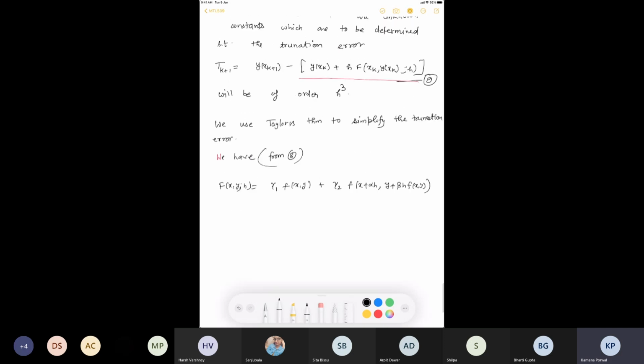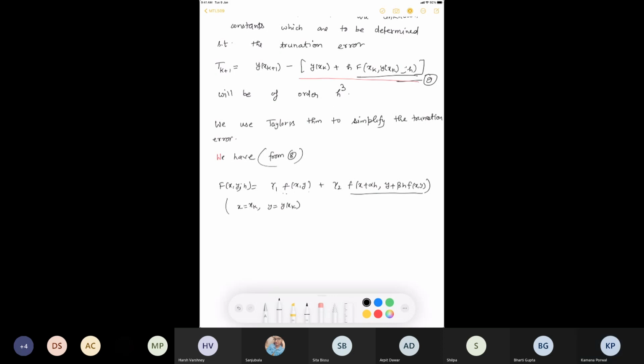So if you substitute x_k, y_k here, you will get f of x_k, y_k plus this term also evaluated at x equal to x_k, y equal to y_k. Okay, so substituting is not a problem because I need here f of x_k, y at x_k. So in place of x, you can take x_k and y is going to be y at x_k.